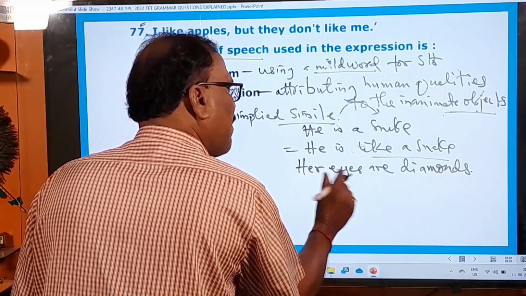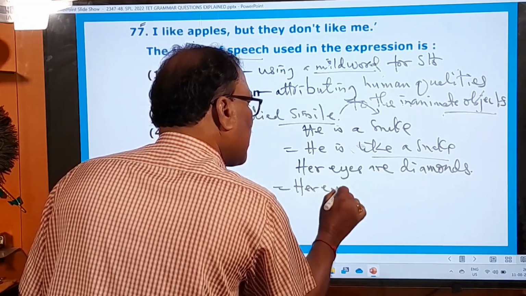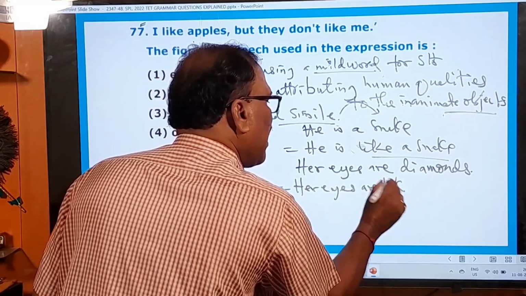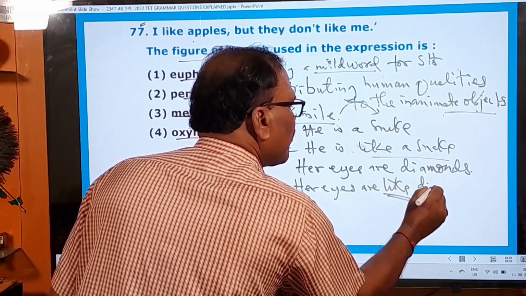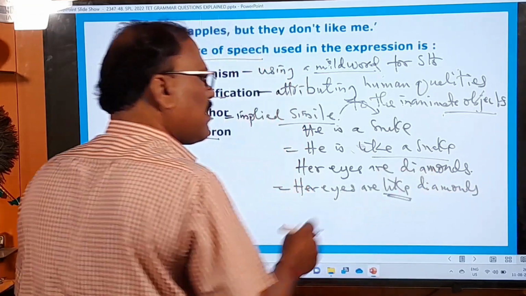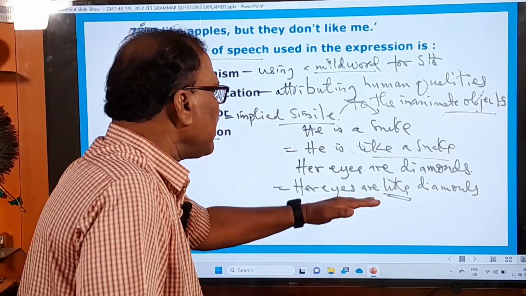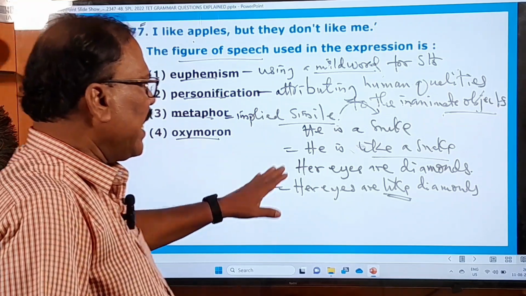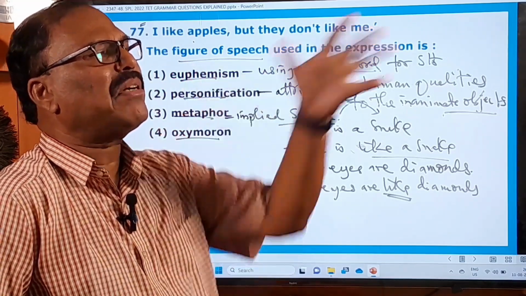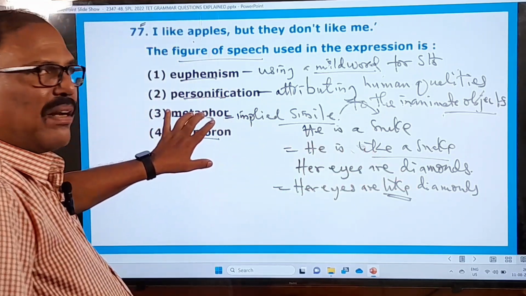Instead of saying direct comparison, you had better say generally, her eyes are like diamonds. So when you say like diamonds, ఆమె కన్నులు డైమండ్స్ వలె ఉన్నవి. ఇలా వలె ఉన్నవి అని చెప్పడం సిమిలీ. డైరెక్ట్గా ఆమె కళ్ళు డైమండ్స్ అని చెప్పడం, this is called metaphor.